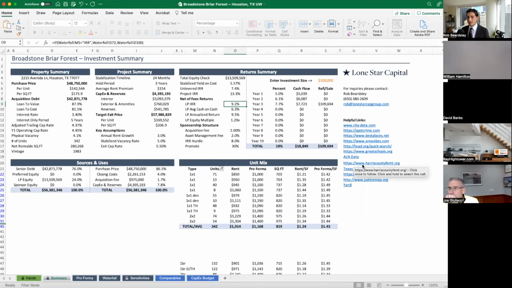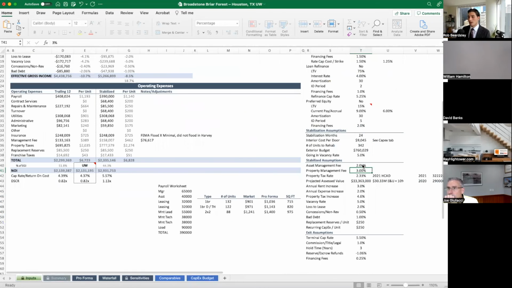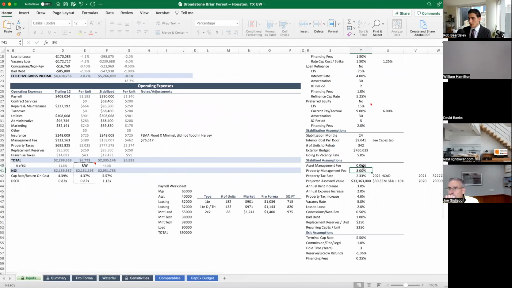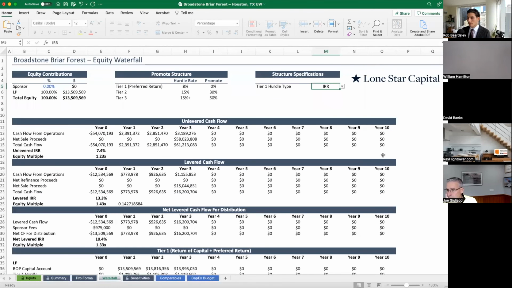Now, let's see how the 70-30 straight split does in the downside scenario, right? You can see the cash flows are still the same in the downside scenario because all we did was change the projected sale price. We didn't change operations or cash flows. But let's go to the 70-30 split. Okay, so just to remember, 9.2, 6.3. So 0, and we're going to go to the waterfall, make it a preferred return-based waterfall. It's not working.